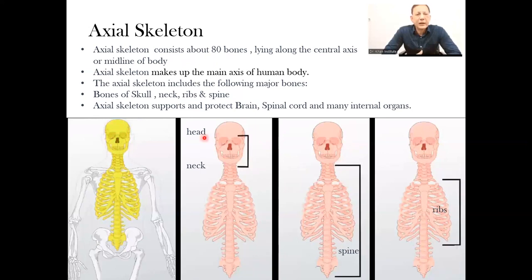All these bones are included in the axial skeletal system. The axial skeleton makes up the central axis or the main axis of the human body. Typically, it aligns with the spinal column or vertebral column.